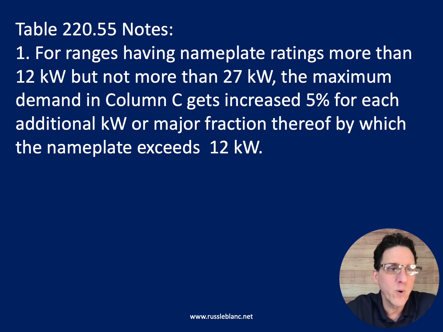Note 1 says, for ranges having nameplate ratings more than 12 kW but not more than 27 kW, the maximum demand in column C gets increased 5% for each additional kilowatt, or major fraction thereof, by which the nameplate exceeds 12 kW. So we may have to increase the demands in column C, 5%, 10%, 15%, some factor of 5%.